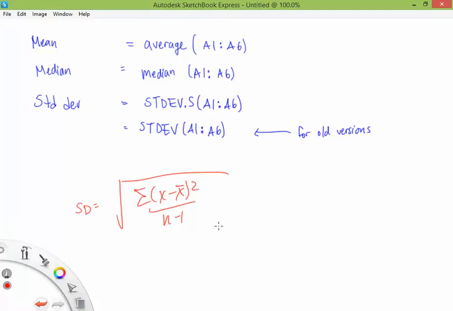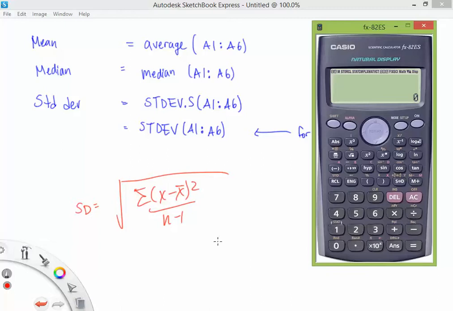Okay. Do you want me to do this? Huh? It's in the book. You want to do this? No, I don't want to do that. I just want to know. I'm not sure if I understand your question. Because you want me to do this by hand on the calculator?